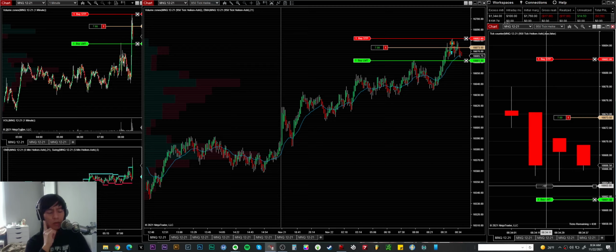Set a tie. We got overall trend, support, resistance, overall trend, correction of spike, and then support, resistance, trend, correction of spike.